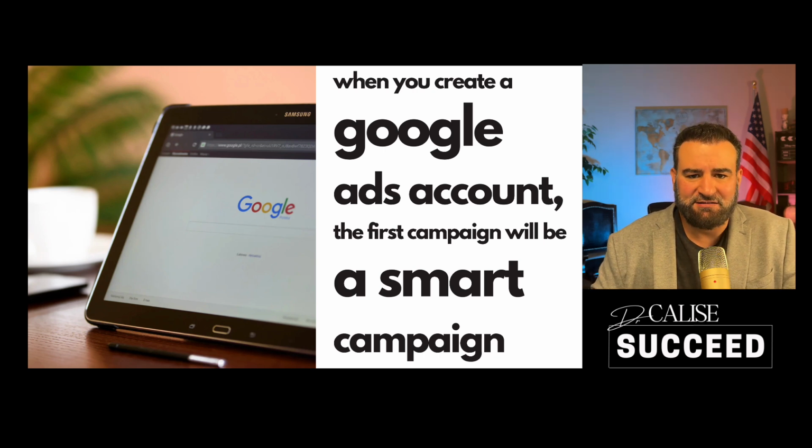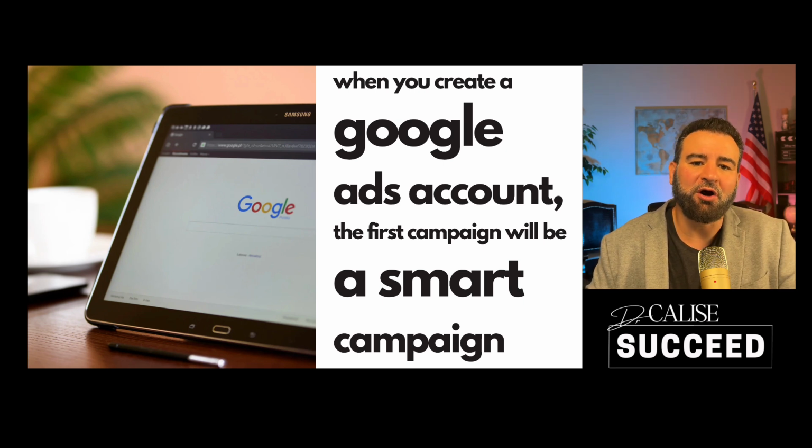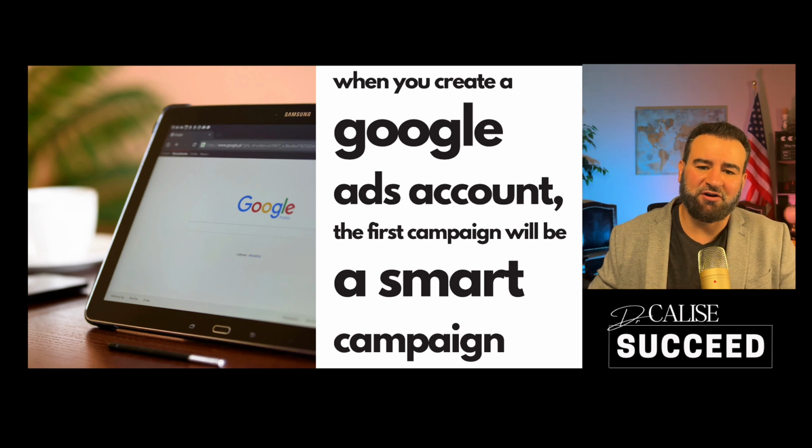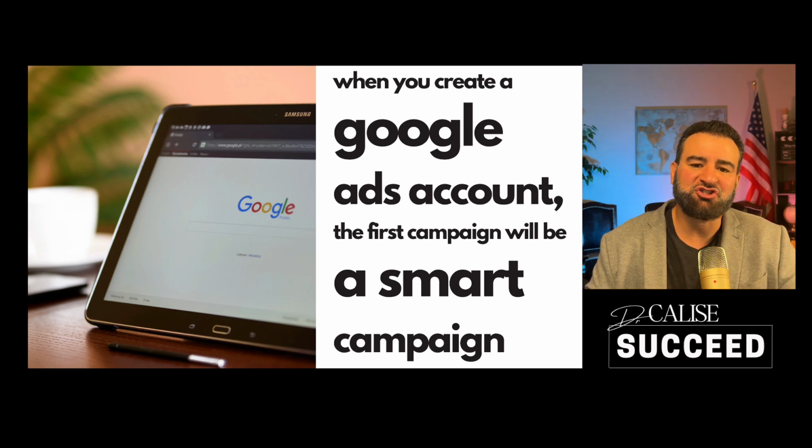You have more ability to actually control what's happening, all right? When you create a Google Ads account, and as you start to create your account, they're going to walk you through your very first campaign. When you start your account, Google by default will make you go through a smart campaign setup. Okay? They do this for a couple of reasons. Number one is the majority of individuals will want to do a smart campaign.